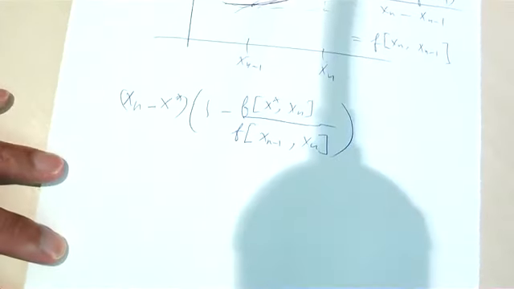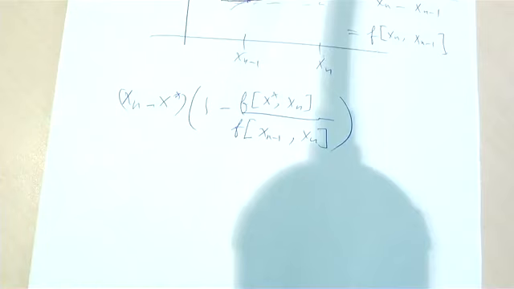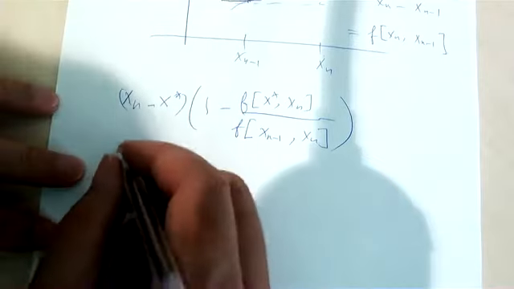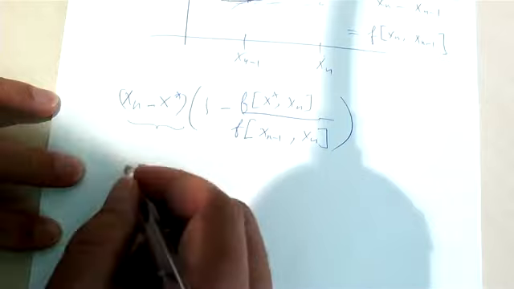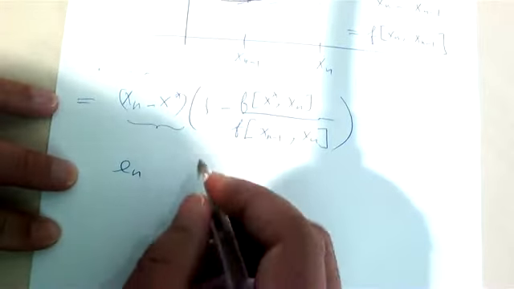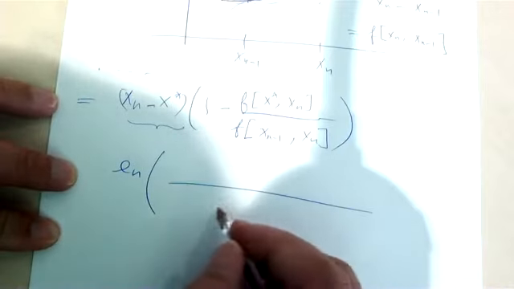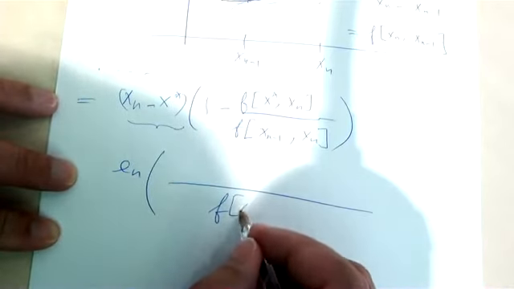And I want to make it the same as this right hand side. Well, initially I replace this one by En. So the previous step, this one is En. And now I just cross multiply.